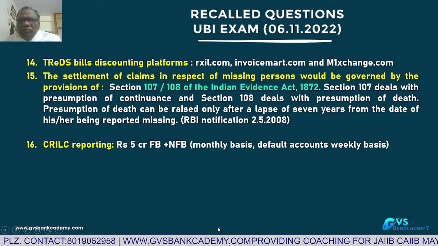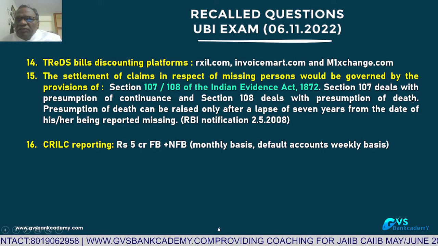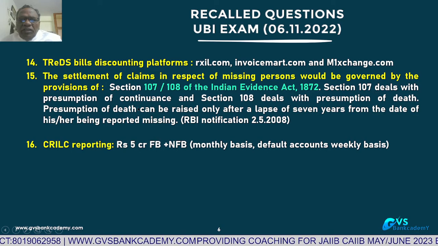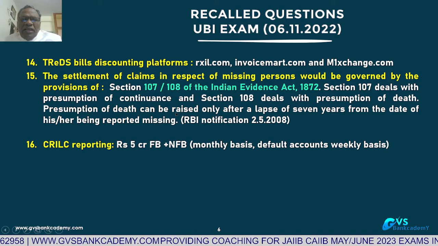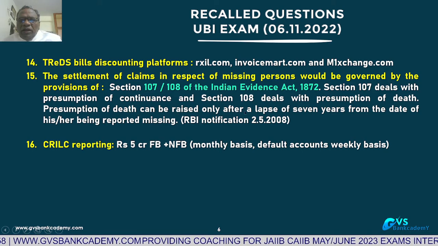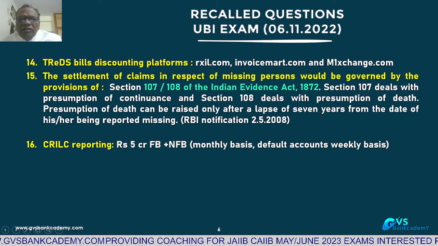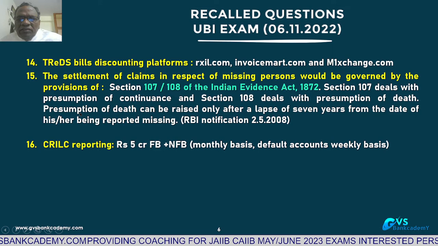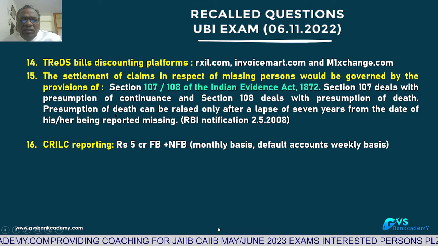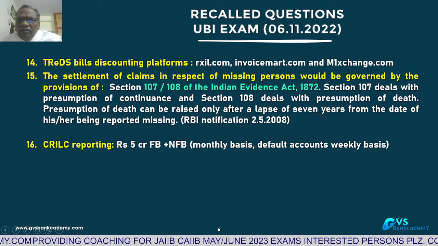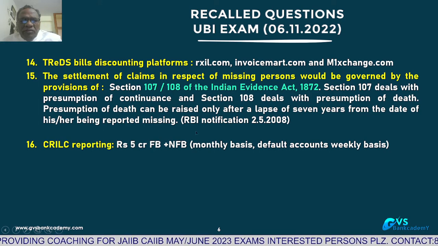Section 108, presumption of death. Presumption of death can be raised only after a lapse of 7 years from the date the person went missing. From the date of missing, after 7 years only, we can presume that the customer is dead. This is the settlement of claims in respect of a missing person.